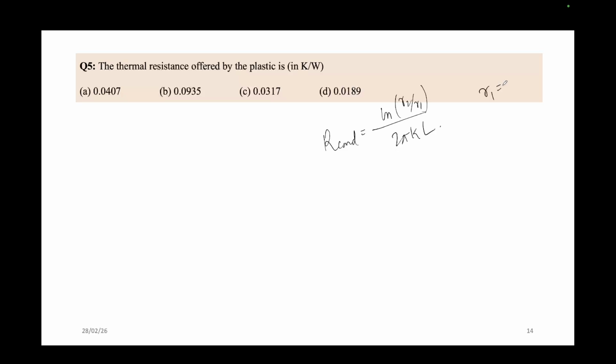Diameter 1 is given as 3, so R1 should be 1.5 mm. R2 should be 5 by 2, that is 2.5 mm. Right. The k was given as 0.2 and the length is given as 10 meter. As simple as that. Please solve and let me know what the answer is.